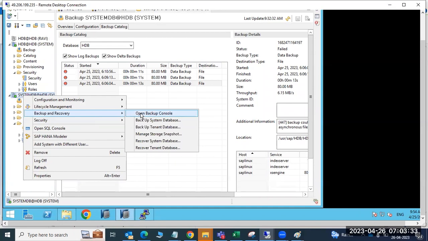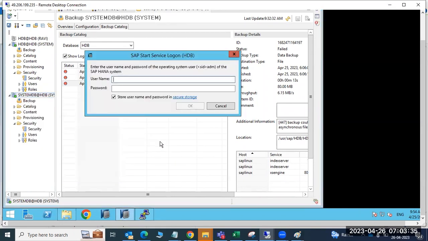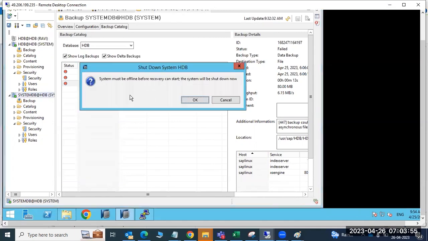Now I'm trying to recover the system DB through the previous backup. Why? Because in the backup, we have the full-fledged data. Recover means I want to recover the deleted data. You need to use the command here.